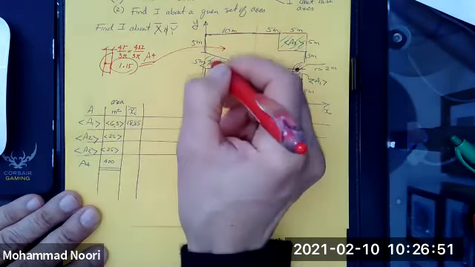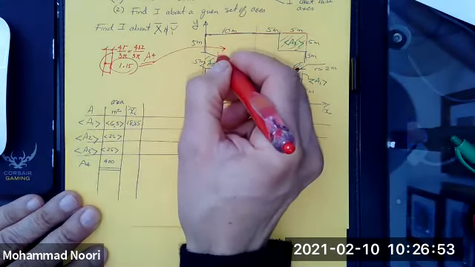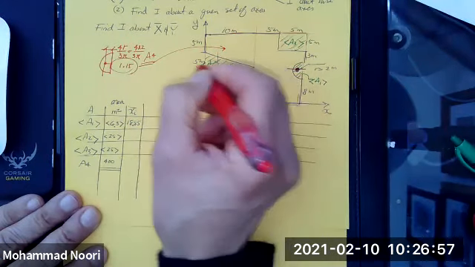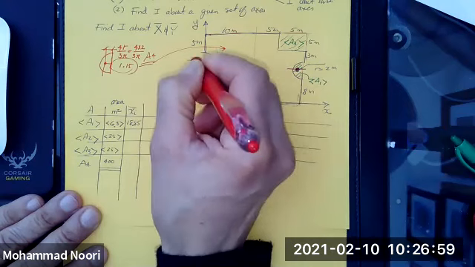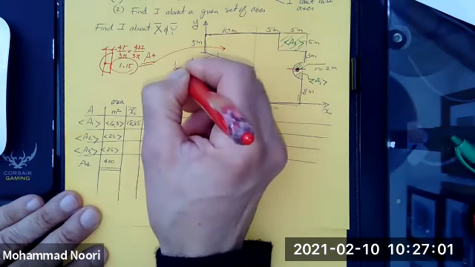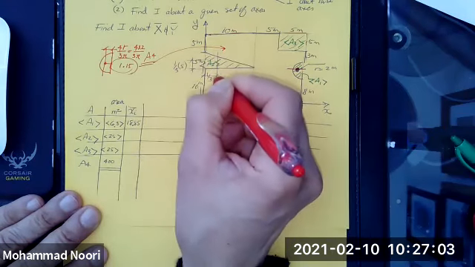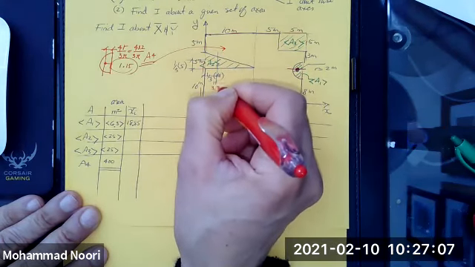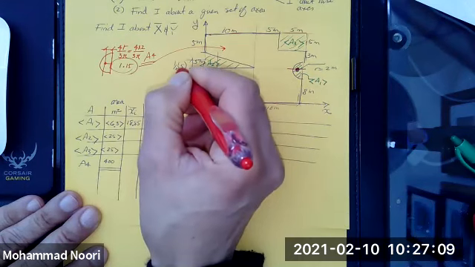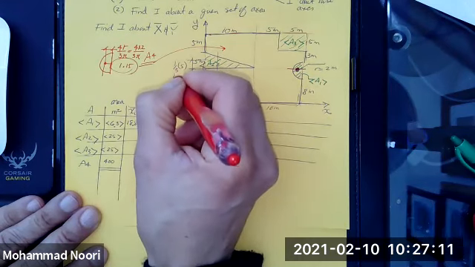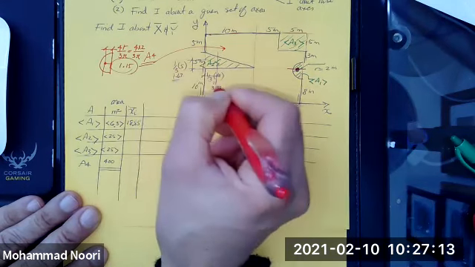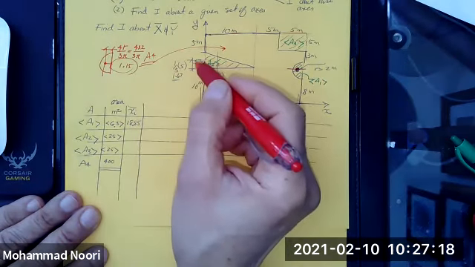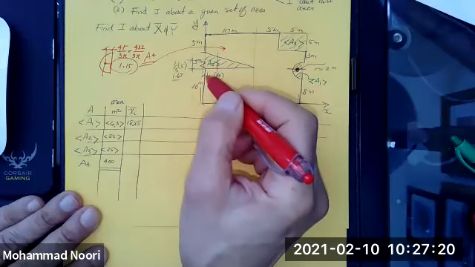For area 2, the centroid is right here, 1/3 of a distance from here, 1/3 of a distance from here. So 1/3 of 5 and 1/3 of 10. This would be 3.33. This would be 1.67 or almost 1.7.